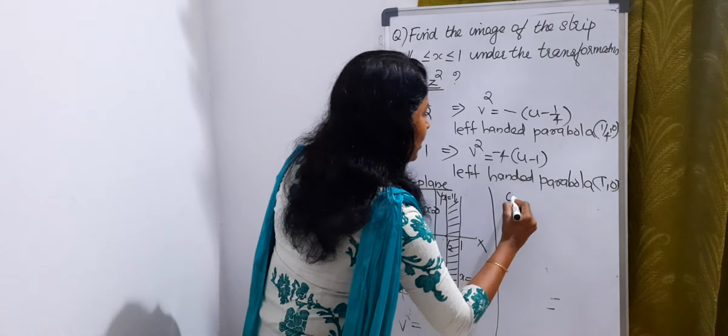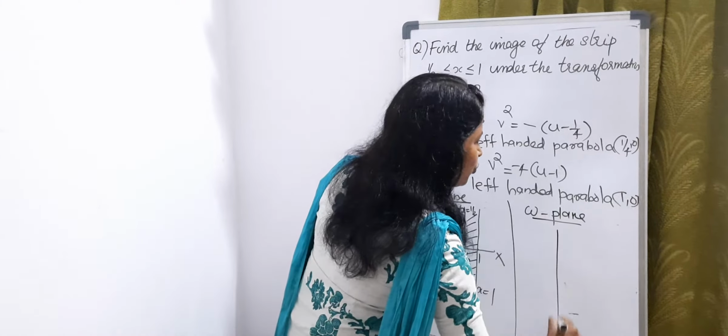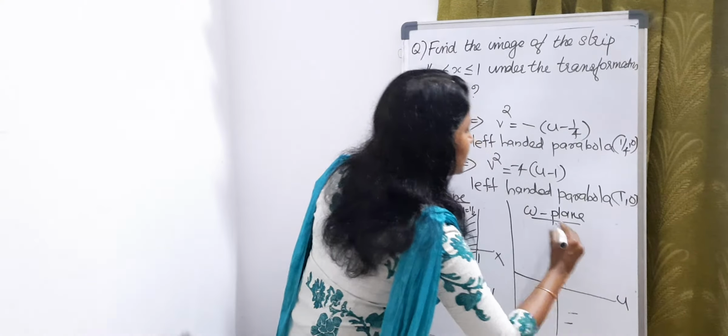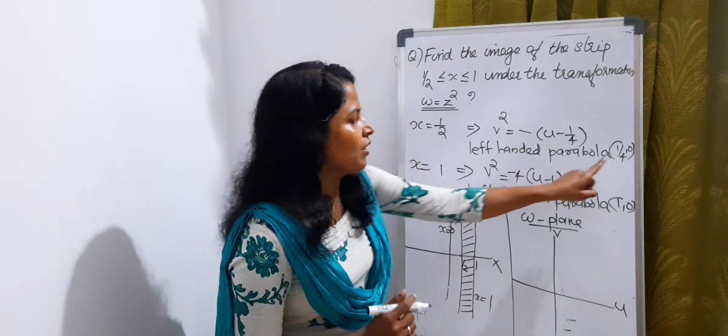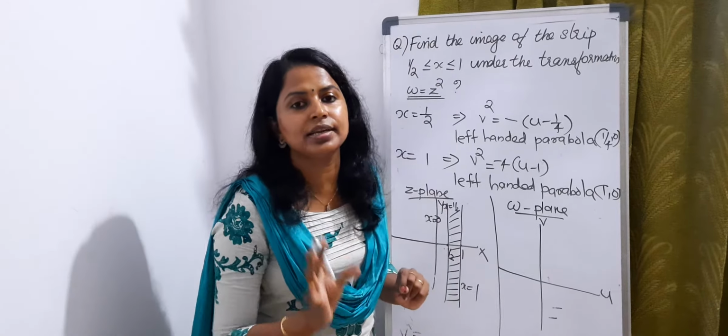Then we draw the image of this figure in the w plane. This is the u axis and this is the v axis. The first vertex is (1/4, 0) and the second is (1, 0). Both are left-handed parabolas.